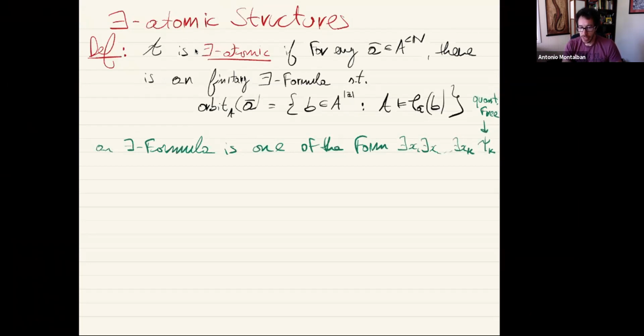Then I guess another definition I'll use, so maybe I just write it down.